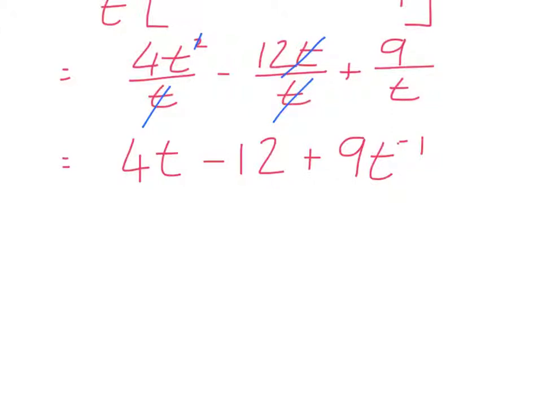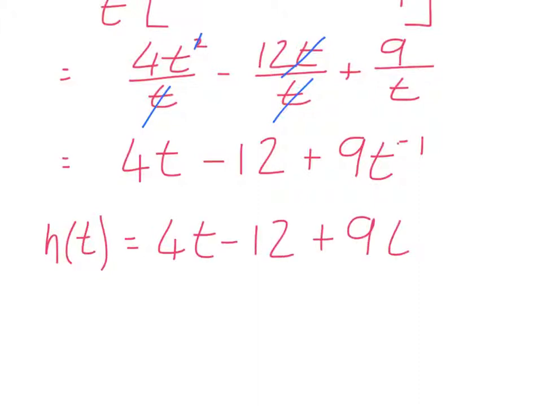So what we have now is something that is ready to be differentiated. This in fact is still our h of t function, so we'll write it down like that: 4t minus 12 plus 9t to the power minus 1. If we differentiate, h dashed of t equals 4t.